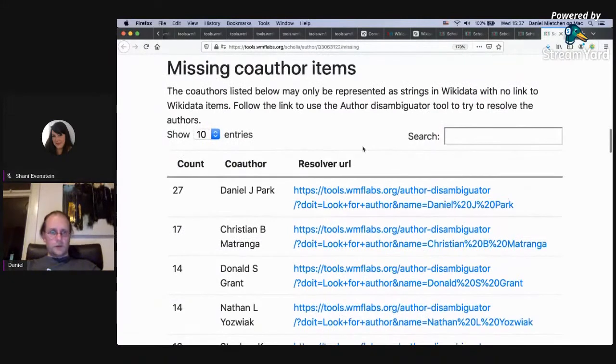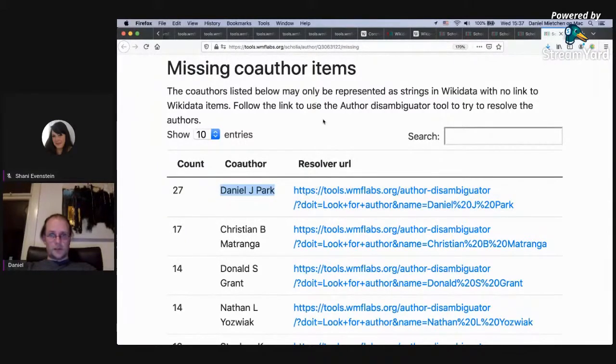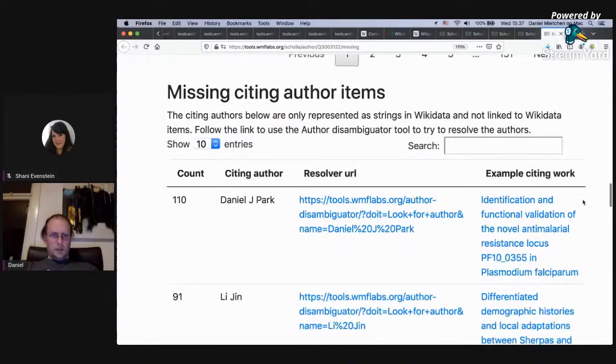Some co-author, 7 papers that we know have been co-authored by her that also have this string here as another co-author, so we would have someone to check what this Daniel J. Park is and how many of those actually are the ones that are collaborating with partis sabete. And then the same for authors that were citing her.